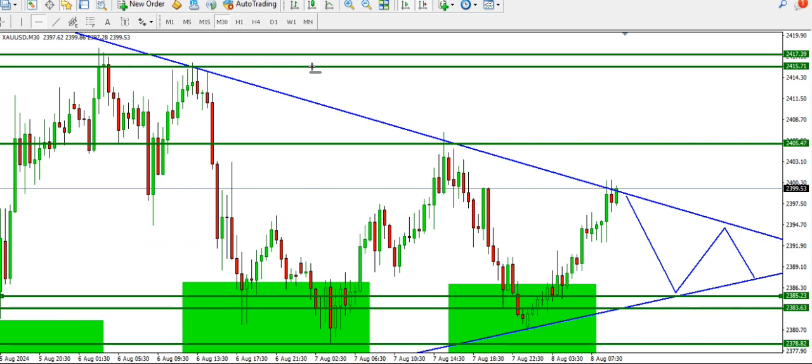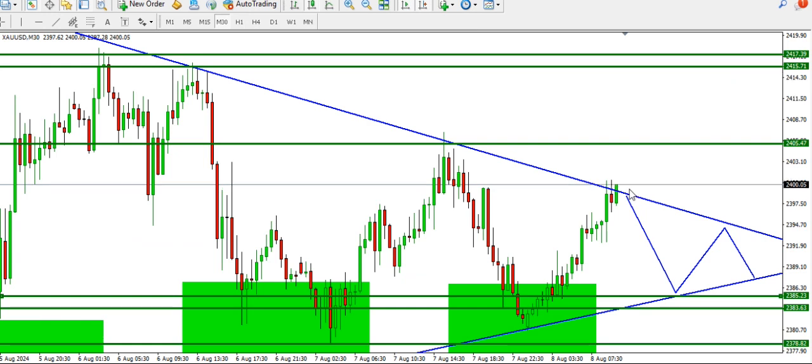We have another resistance popping up on the 30 minutes time frame. That's 2415 before 2417. But for now, price has just broken above the descending trend line.